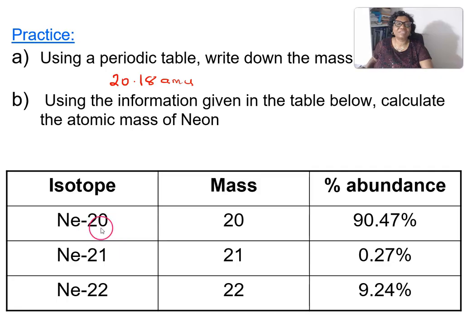Then let's try and do this one. So average atomic mass, we'll just try and do it here. So we have the mass of neon 20 is 20 atomic mass unit. Let's try and do this.